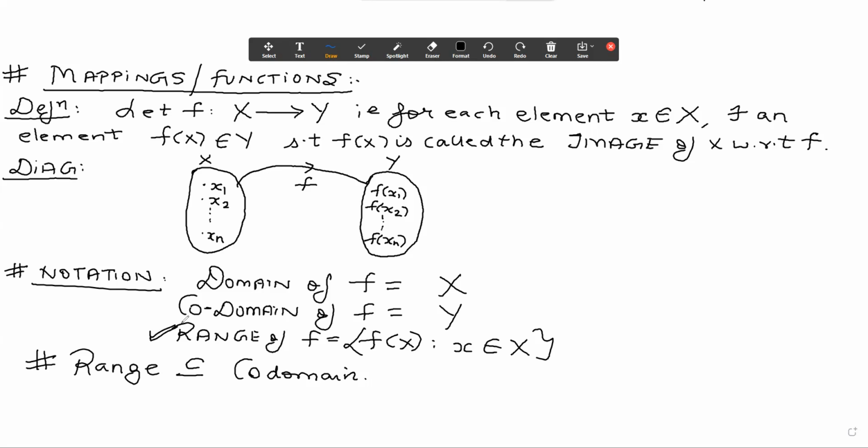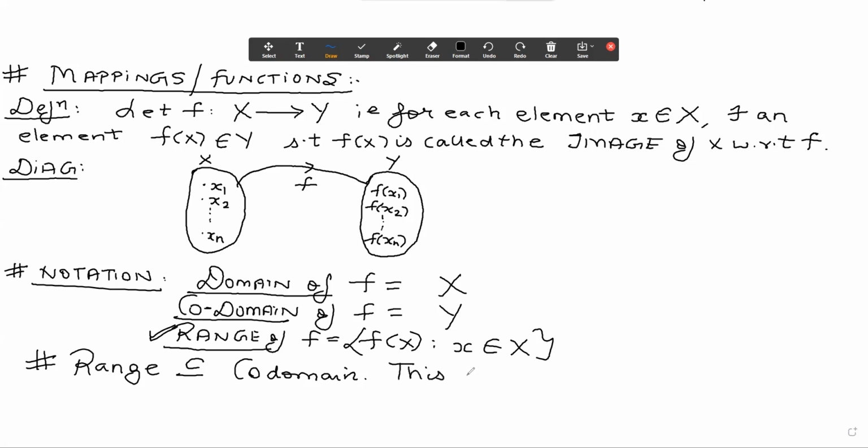So I hope all students have understood this. All values taken by the set X is called the domain. All values taken by Y is called the codomain. But within Y, the elements which have a pre-image, or the elements which are receiving the arrows, is called the range. So I can say range is a subset of codomain.